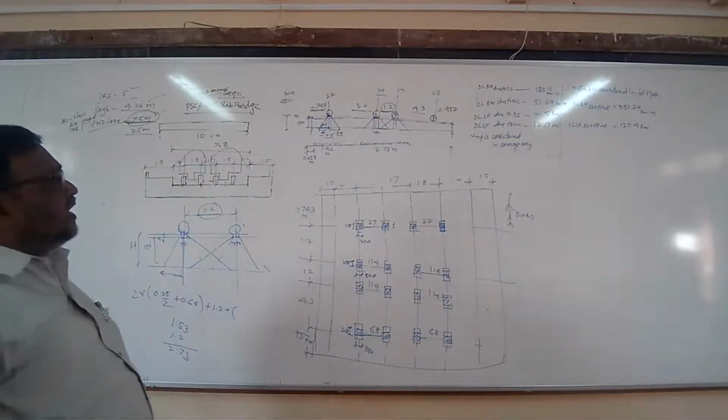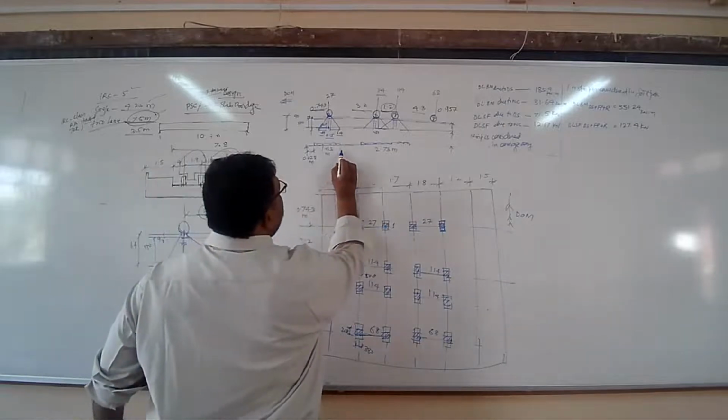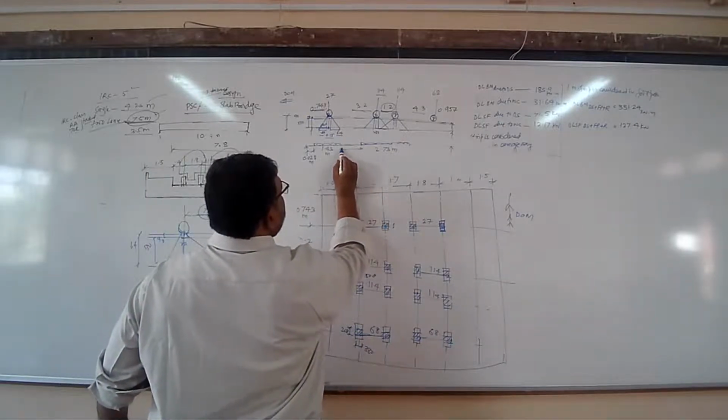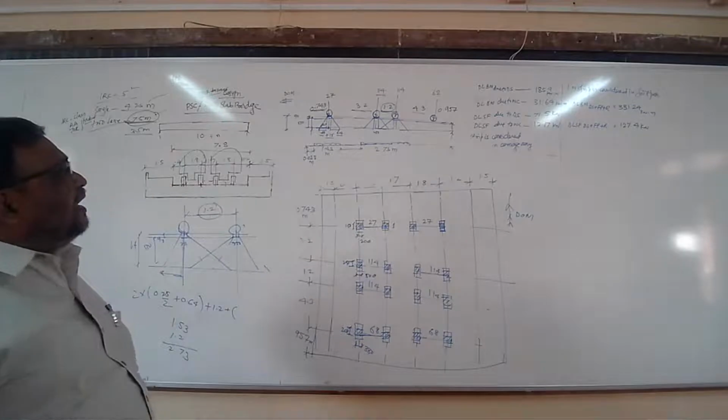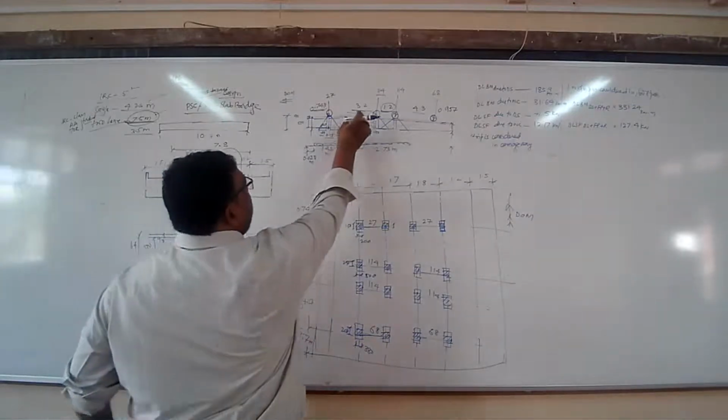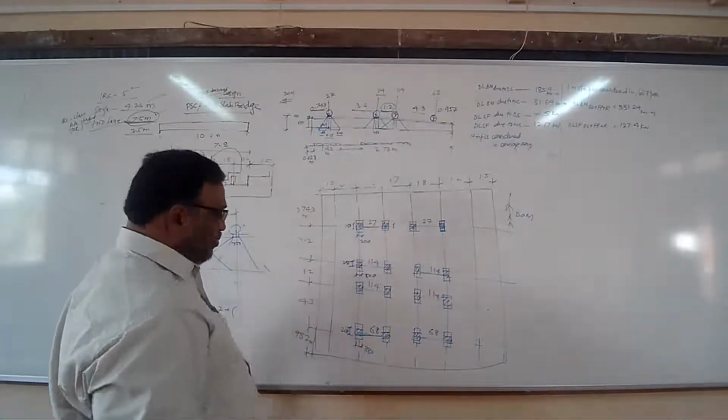For how much distance is there no load acting here in between? How will you calculate it? The total distance was 3.2.